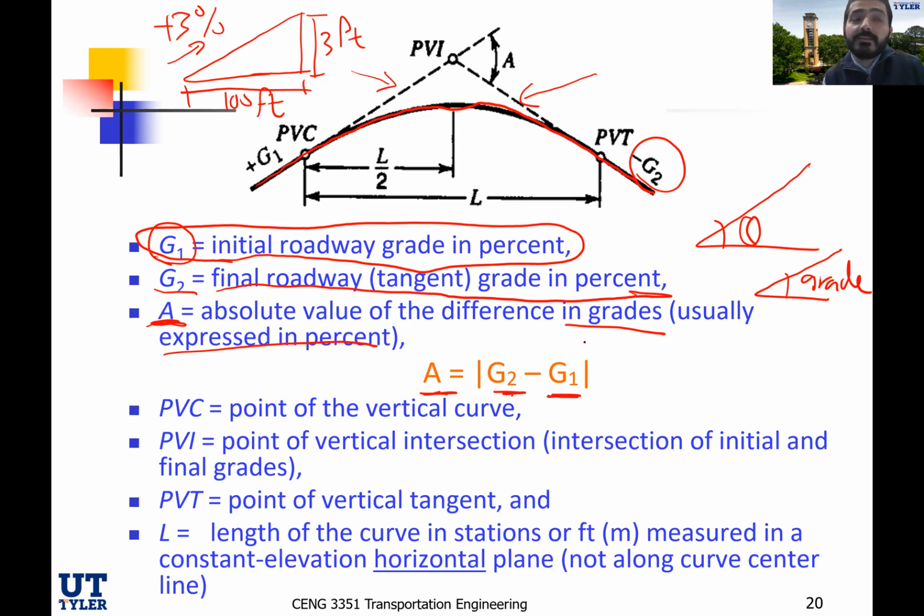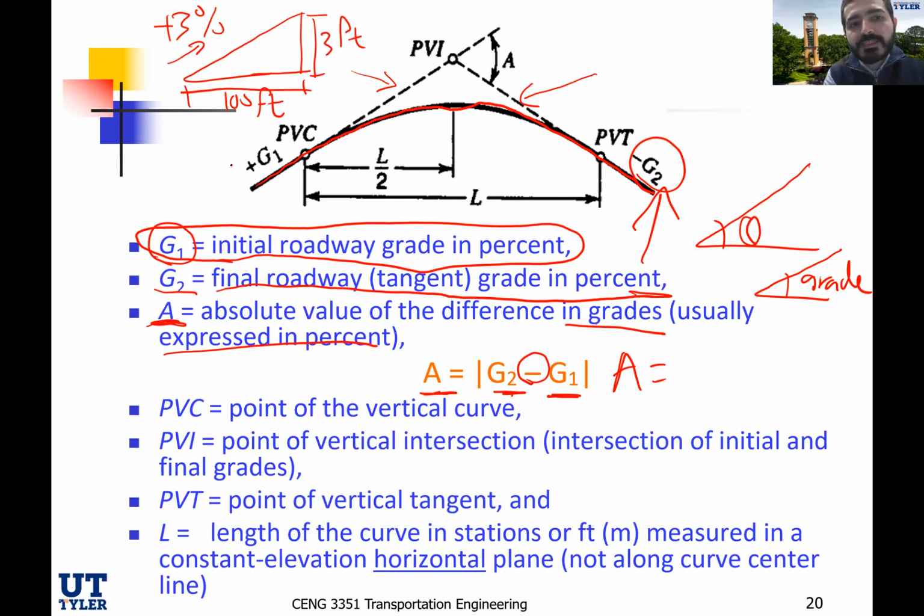Common mistake here: that negative will stay. This is part of the equation, but you need to keep the sign of G2 and G1 as they are. For example, in this situation right here, we have negative G2. Let me give you a numerical example, so this is easier.